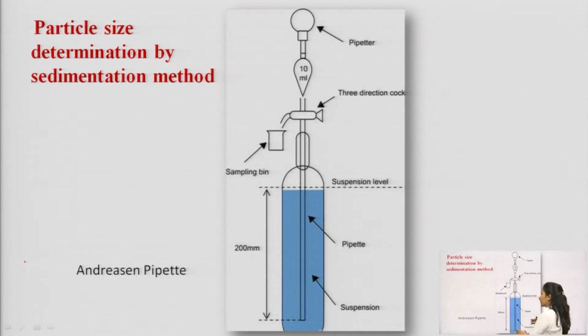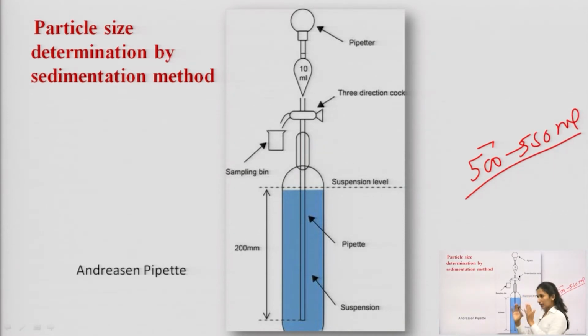In this container you can fill up to 500 to 550 ml of liquid, that is, suspension or dispersion. Attached to it there is a pipette, and the pipette has a 3-way cock. 3-way cock means in one direction when you move it like this, the opening will be here, and you can suck the 10 ml volume from this container, and in this way you can withdraw the 10 ml sample into the sampling bin, and in the third way you can stop or close it.